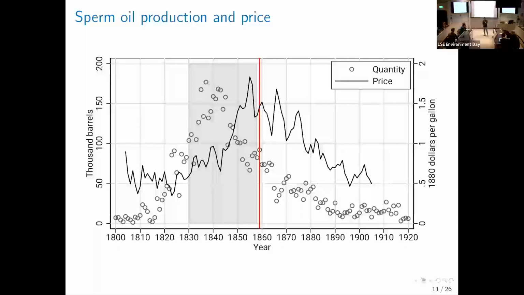Maybe because of the scarce population of whales and the price increase, people tried harder to find ways to get oil from the ground, and that might have influenced this. That would be interesting to see.